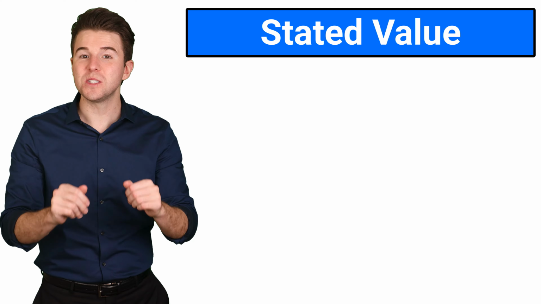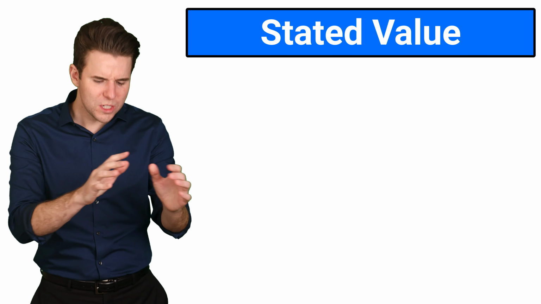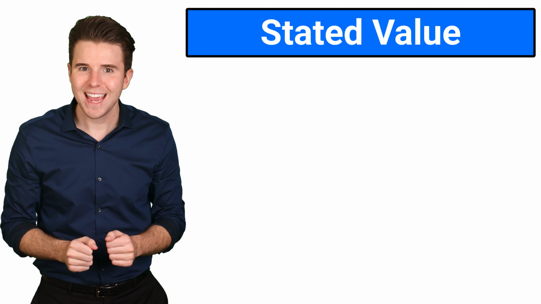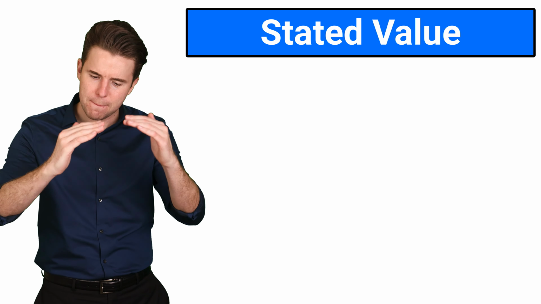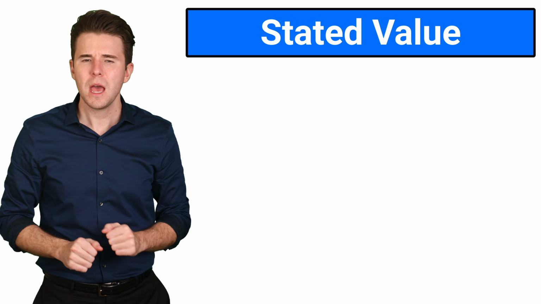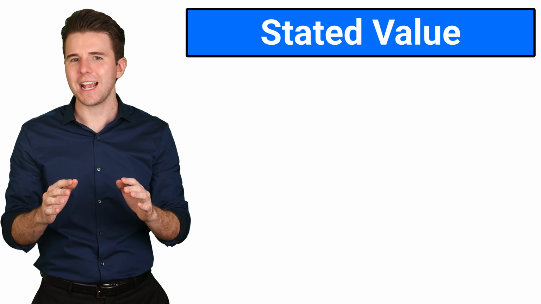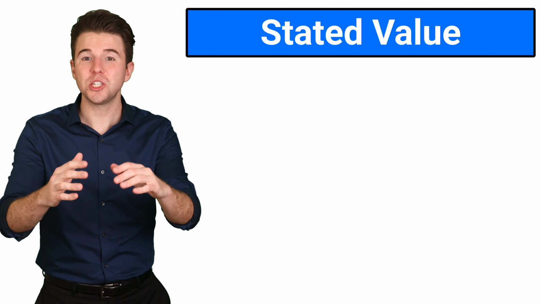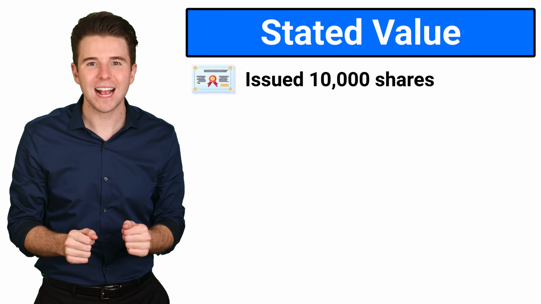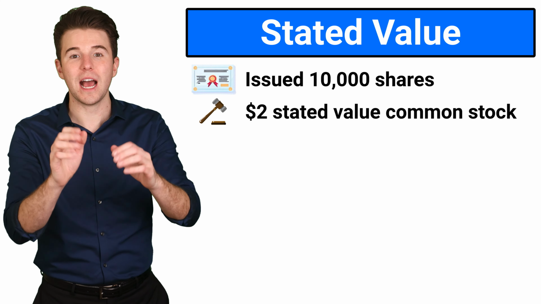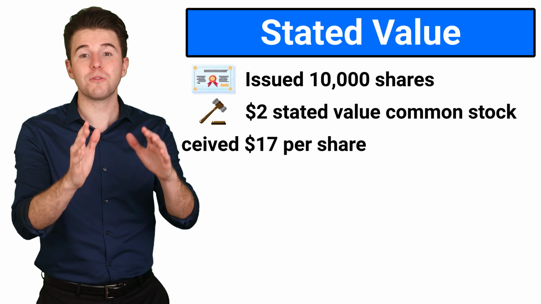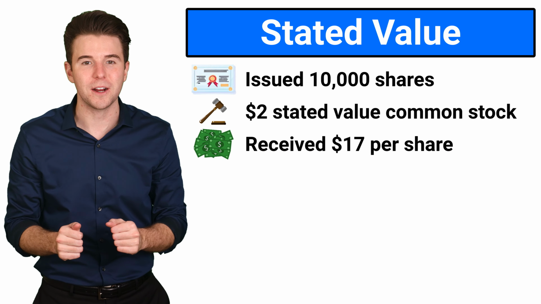Next, let's issue stated value stock, which is similar to par value stock in that it establishes a minimum legal capital. But again, let's not worry about that here and instead focus on the accounting. So assume we issue 10,000 shares of common stock with a stated value of $2 per share in return for $17 cash per share.